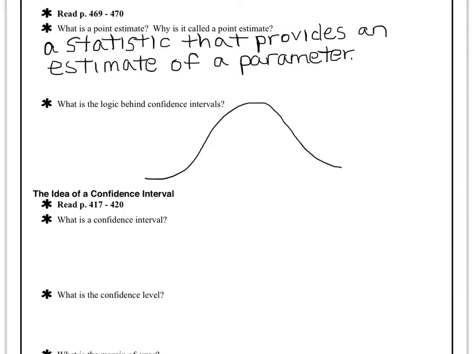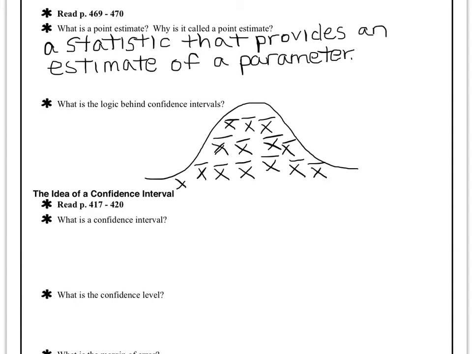If I look at the sampling distribution, it's full of means. I've taken as many samples as possible from this population, found the mean of each sample, put them together in their own distribution, and that's the sampling distribution of X bar.